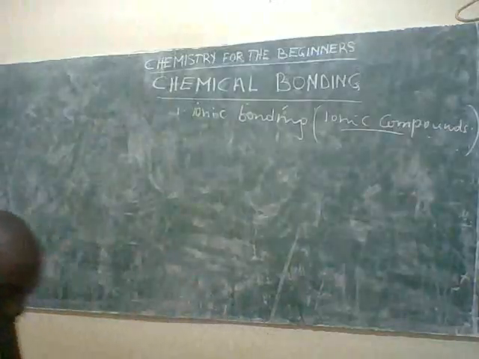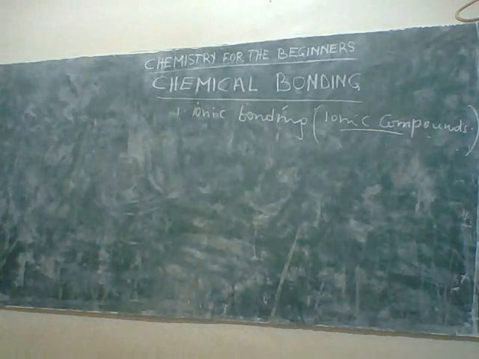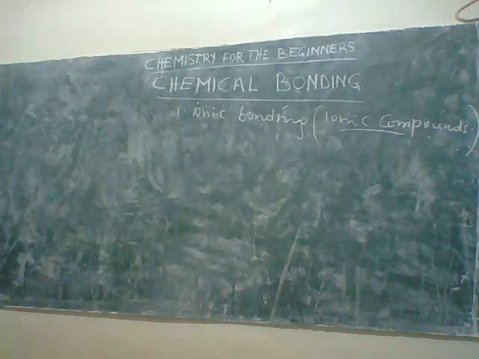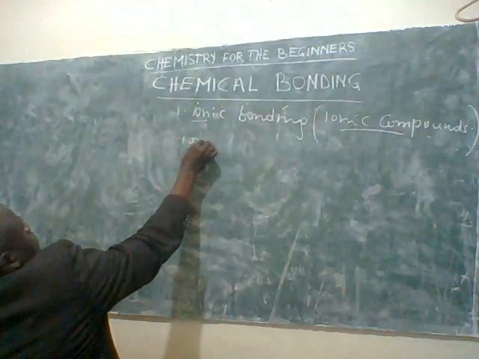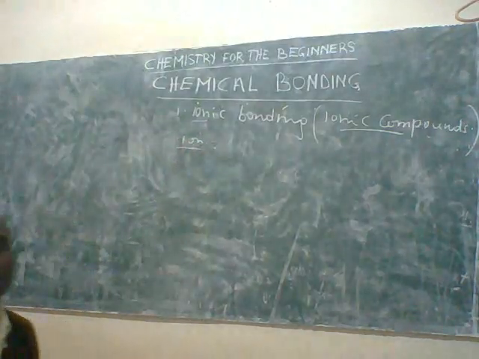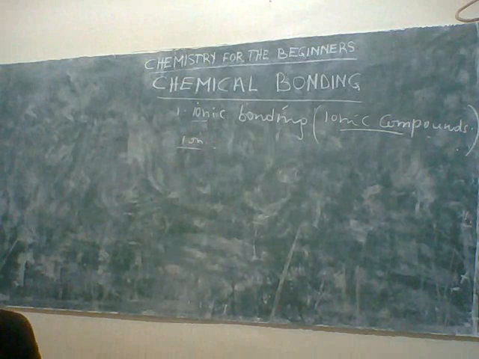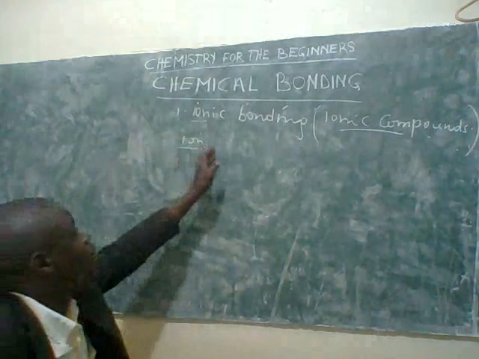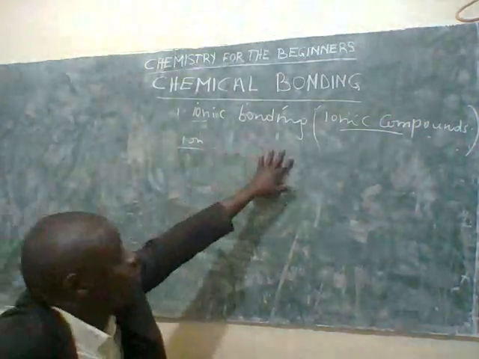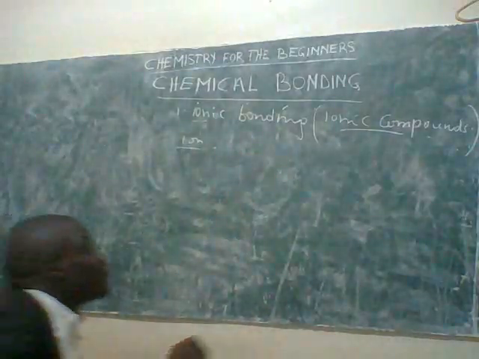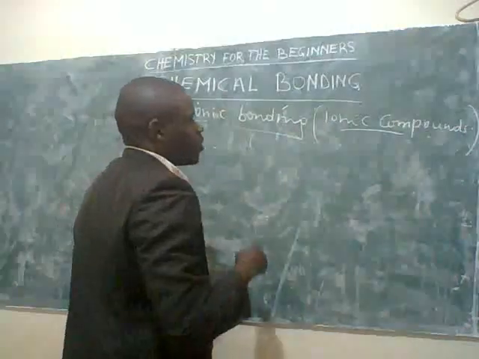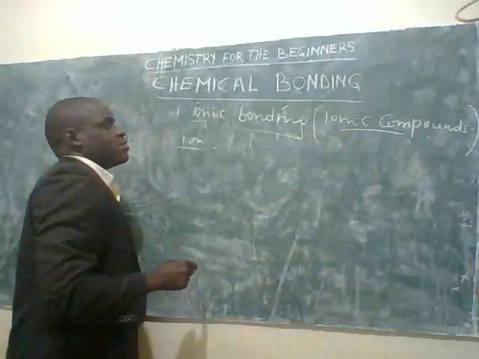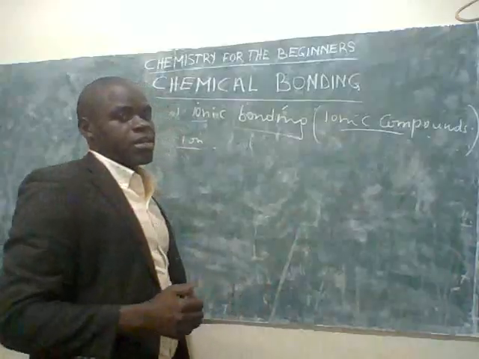So ionic compounds, for example, you can see the word ion, like this. The word ion, ionic, bonding. The word bonding, like joint or joining, as we have explained.